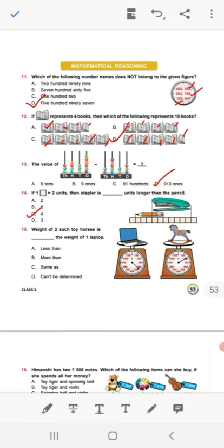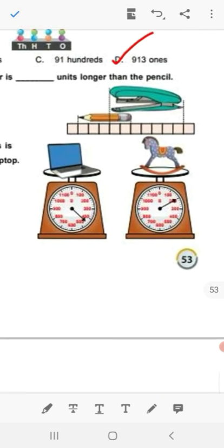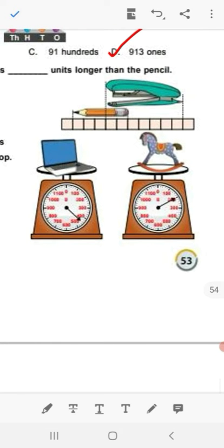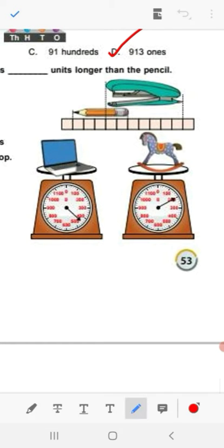Now pass to question number 15. Weight of 2 such toy horses is dash the weight of one laptop. You have to say either it is less than, more than, same as, or can't be determined. So see in the figure, what is the weight showing for the horse? It is showing 200.